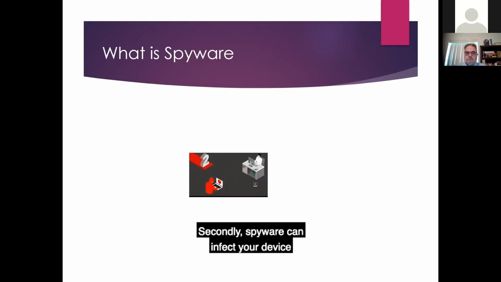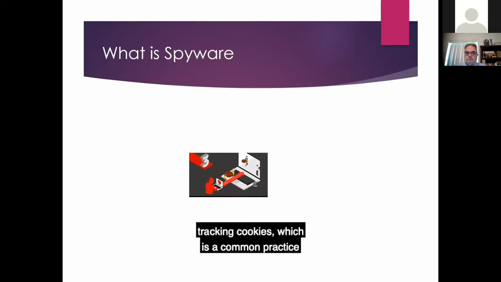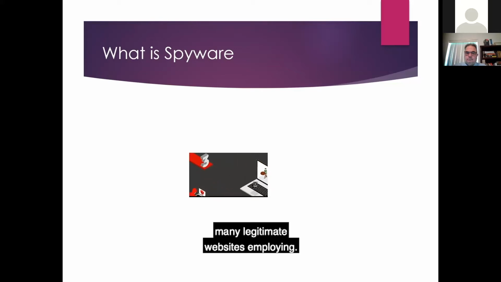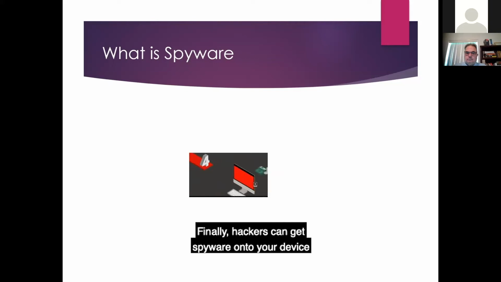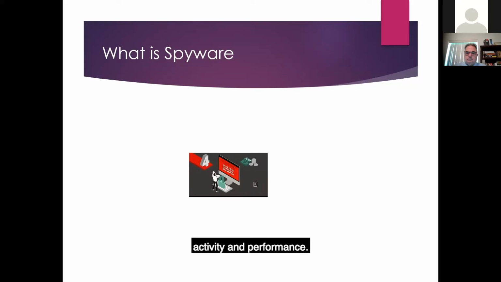Secondly, spyware can infect your device when you interact with legitimate programs. This type of spyware infection can happen on three types of programs: adware, pornware, and riskware. Specifically, hackers can exploit user interactions with advertisements, adult material content, and various third-party program downloads to gain access to devices. Thirdly, hackers can exploit and compromise tracking cookies, which is a common practice many legitimate websites employ. Finally, hackers can get spyware onto your device through system monitors that are designed to monitor computer activity and performance.